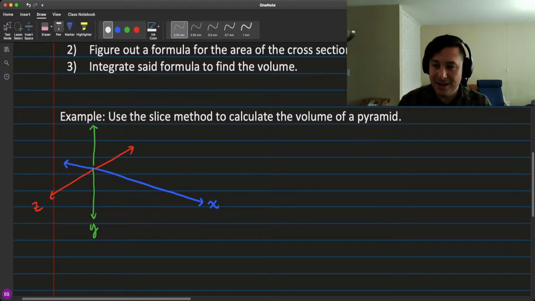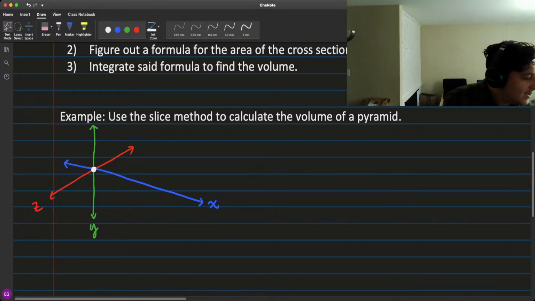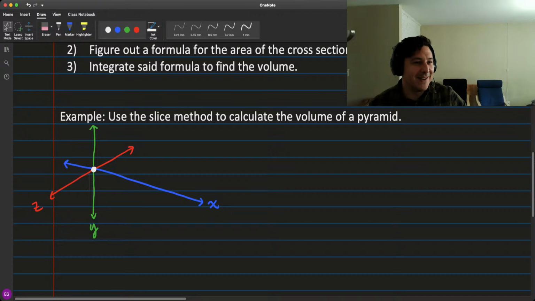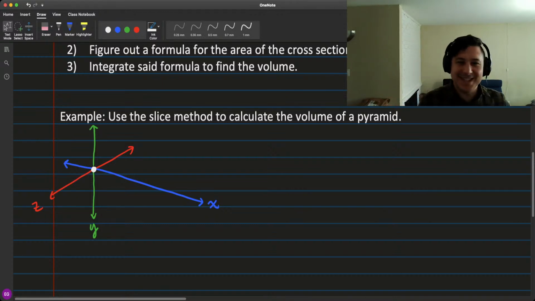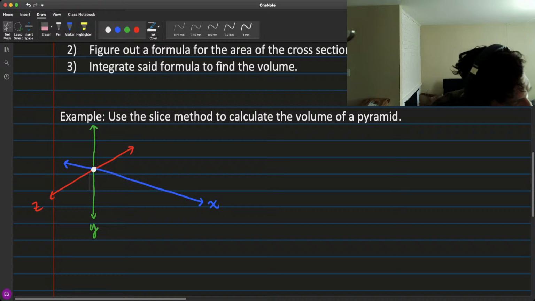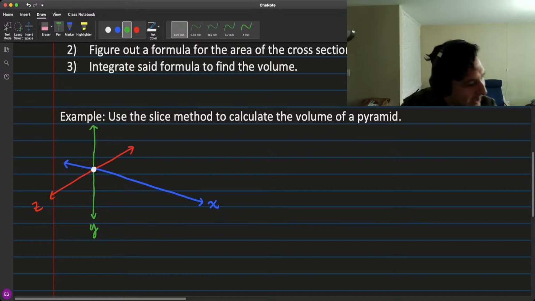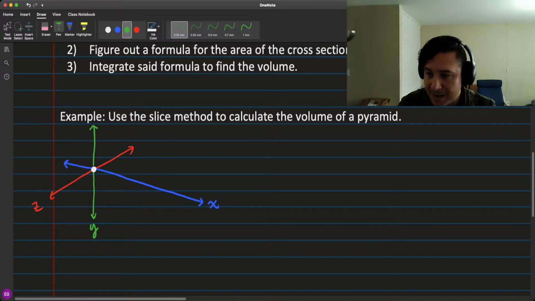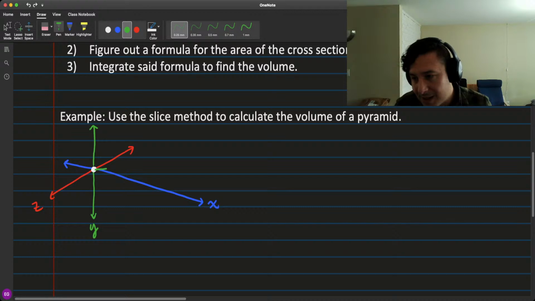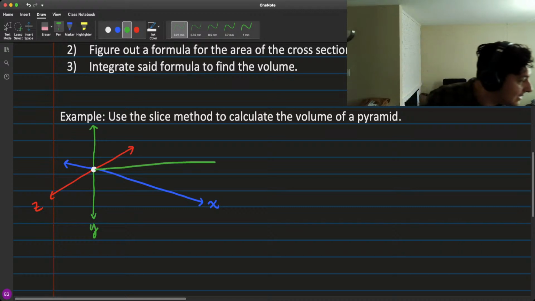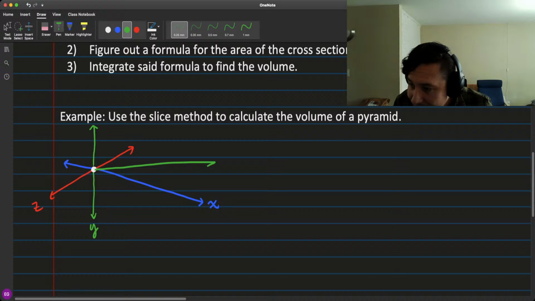Okay, here's our origin. Drawing this pyramid is going to look weird, I'm just telling you now. I'm going to try. Okay, so you can imagine the pyramid starts at that point at the origin and goes up and out, and let's say it ends right here.